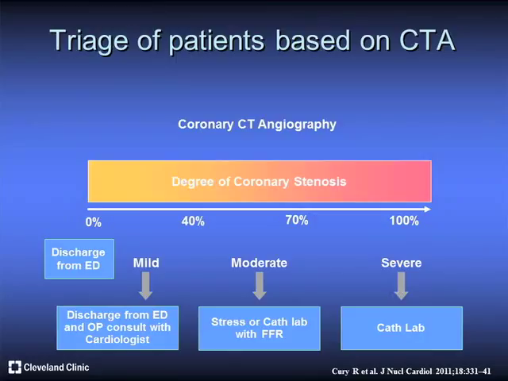There will be somebody who will see them same day. If you have moderate disease, then you can send this person for stress or cath lab with fractional flow reserve. And if you have severe disease, obviously they need cath plus or minus PCI. So this is what I use in my mind when I'm making a recommendation, or if I were on the other end as an emergency room doctor, I would potentially use this.